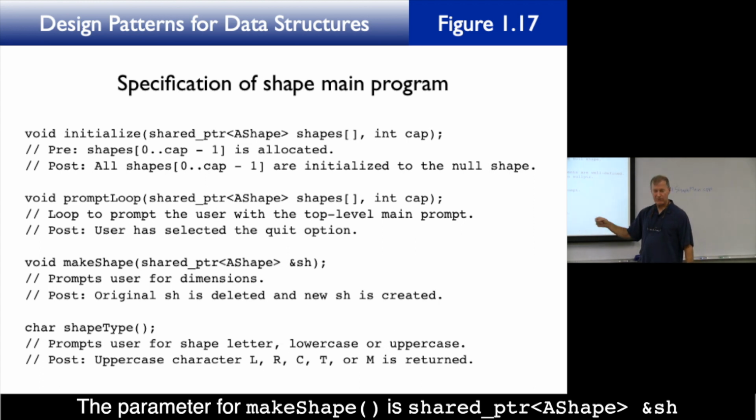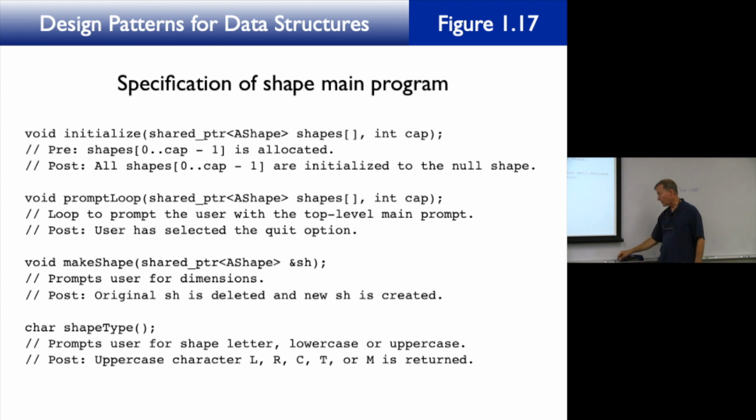Okay, make shape, that was one of the actions. The parameter for make shape is interesting. Look at this, it's a Shape*& sh. Now, you guys know the difference between call by value and call by reference in C++, right? And how do you specify call by reference?